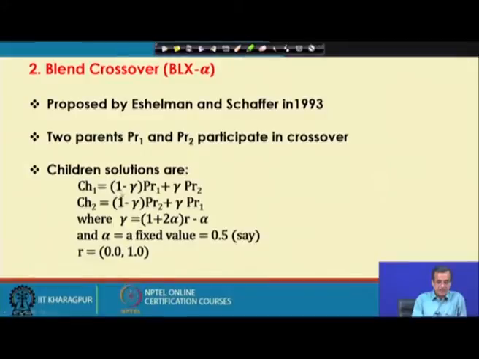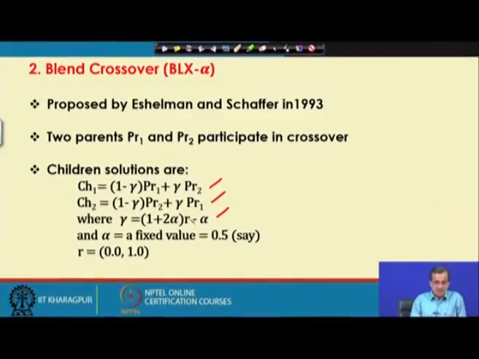Child 1 is equal to (1 minus gamma) multiplied by PR1 plus gamma into PR2, then child 2 is equal to (1 minus gamma) multiplied by PR2 plus gamma multiplied by PR1, where gamma is (1 plus 2 alpha) multiplied by R minus alpha.